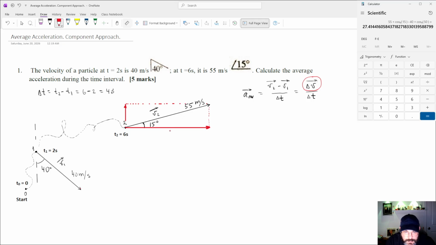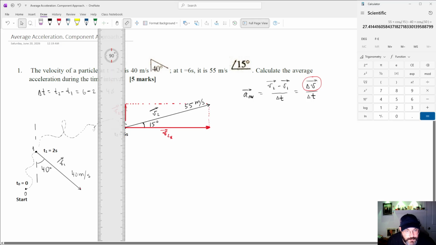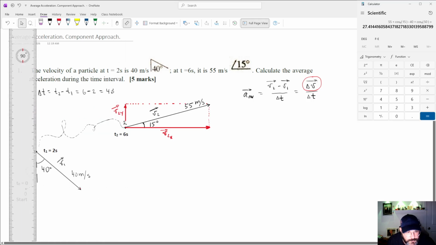So this one is going to be our v2x vector. This is going to be the v2y vector, right? And we'll do the same here. So this is going to be our y component.